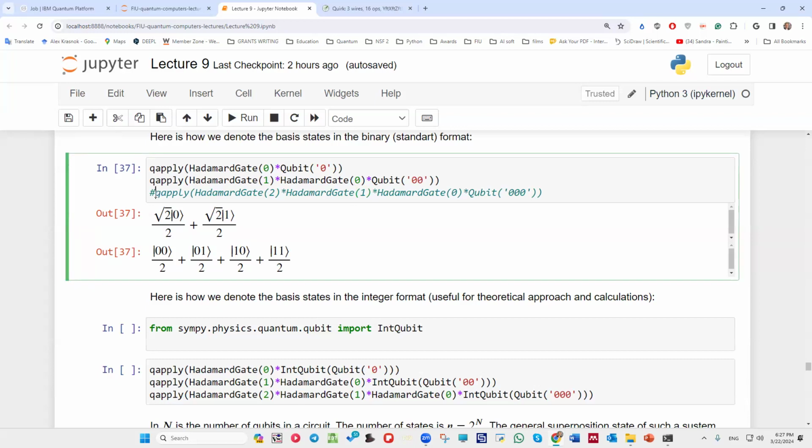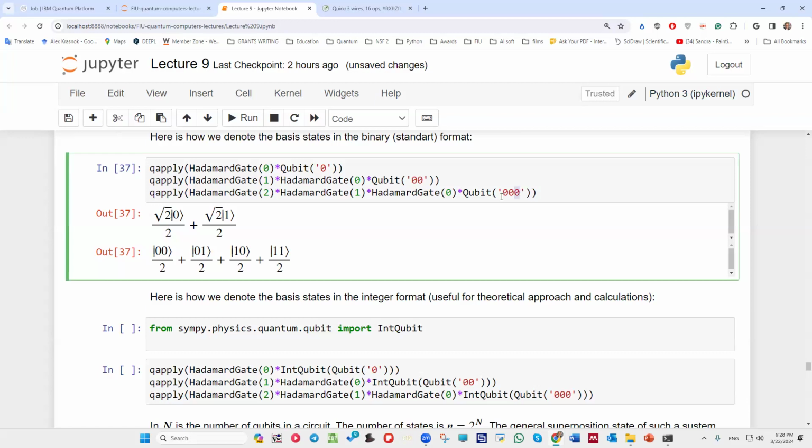We will see that we can use this integer format of presentation of the state of a qubit system, using the numbers 0, 1, 2, and so on. And that's actually more useful for the theoretical approach and for calculations.